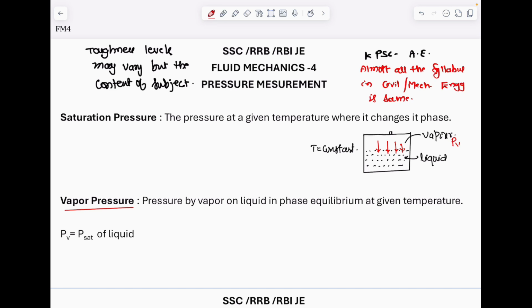Then, when the liquid is there, full liquid, there is no vapor, the liquid is trying to change its phase. Phase means, for example, ice is there, it is solid. Water is there, it is liquid.